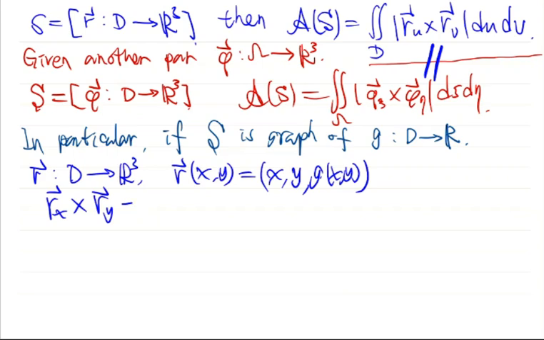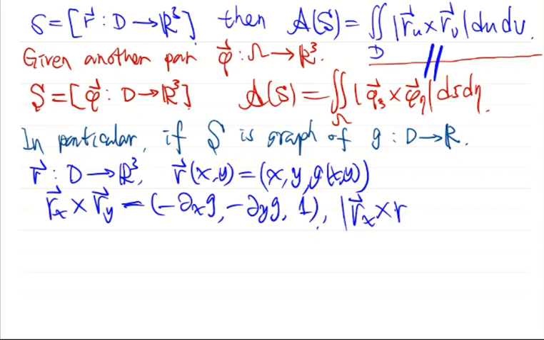This is minus dxg, minus dyg, then 1. And the norm is the square root of 1 plus gx squared plus gy squared.